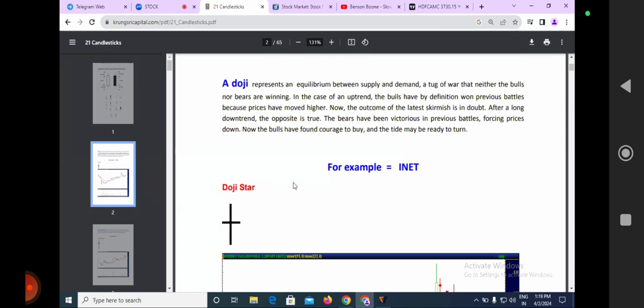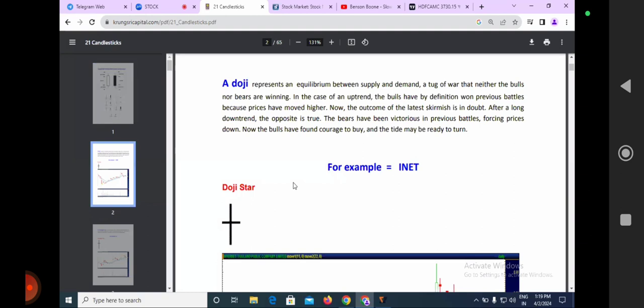A doji is an area where buyers and sellers have no control of the market, which means there is equal supply and demand. In other words, buyers and sellers are in a tug of war, which means neither the bulls nor the bears are winning in this case.